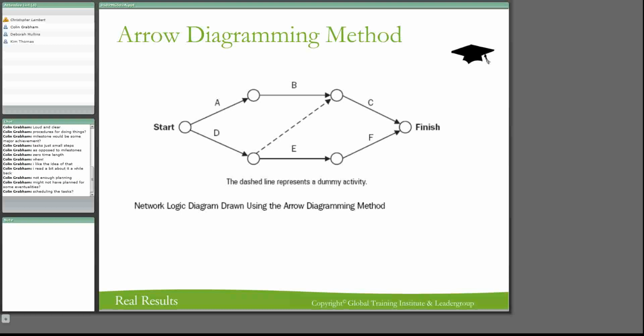Now, the activity would be defined in the arrow. That's why it's called arrow diagramming. So what we're trying to do here is identify the arrow. The arrow says what is dependent on what. So if we look, B and E are dependent on two activities, all right? B is dependent on A as an activity, and E is dependent on D as an activity.